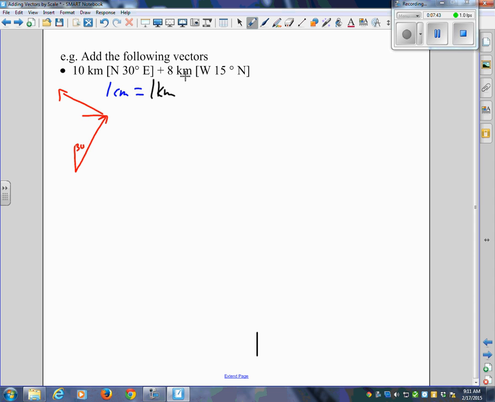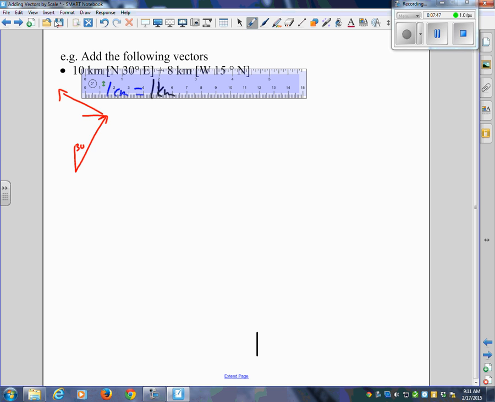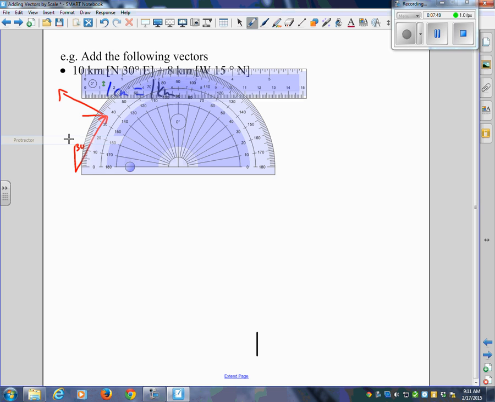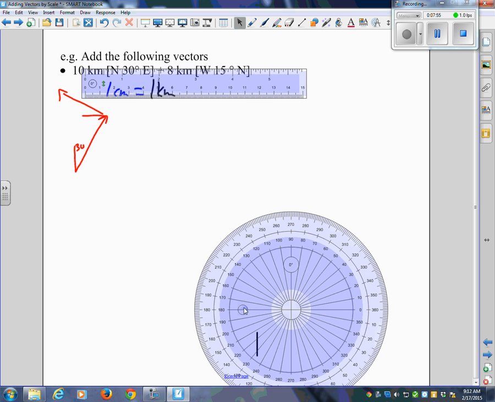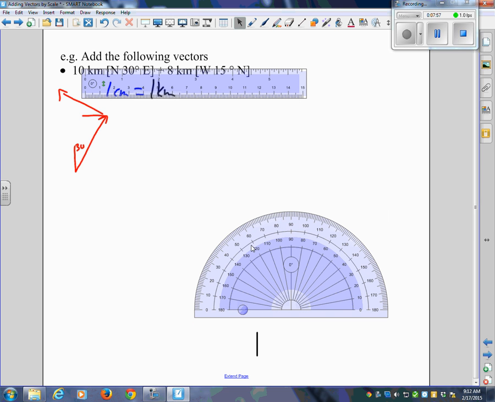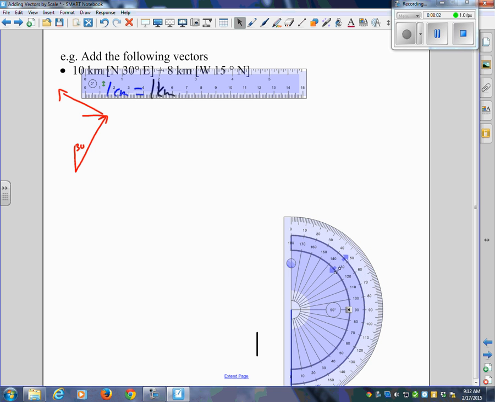Okay, I'm going north 30 east. Get your protractor out. That's a ruler. We've got to go 30 degrees. Where's the rotate thing? There we go. Okay, north 30 east.